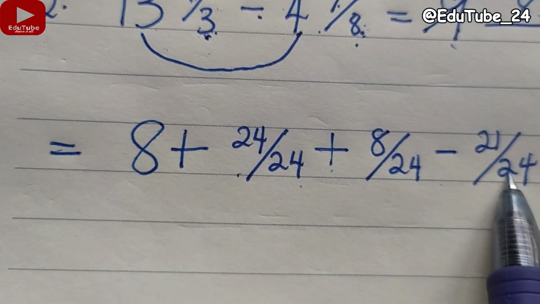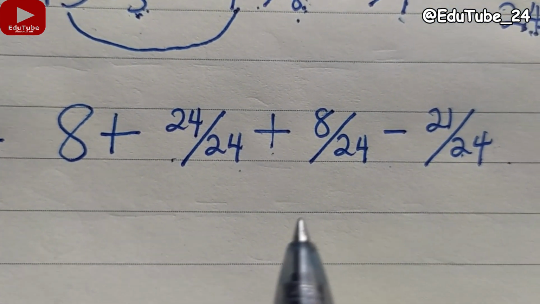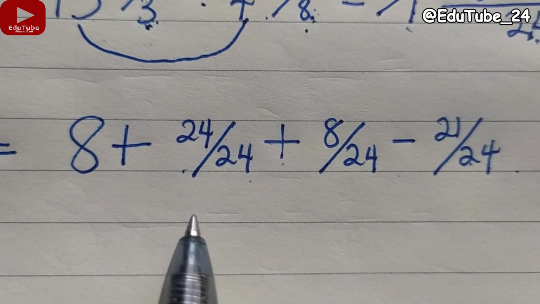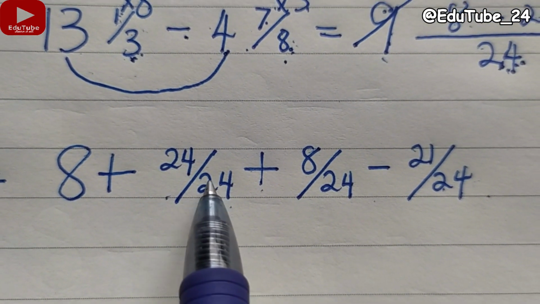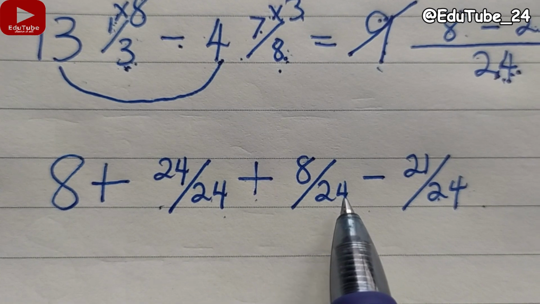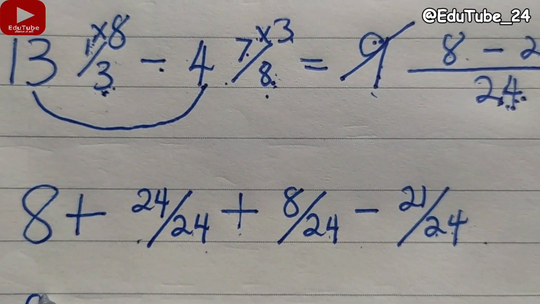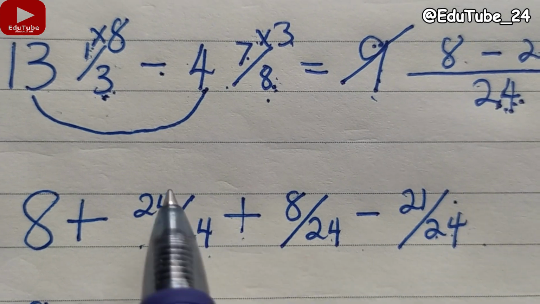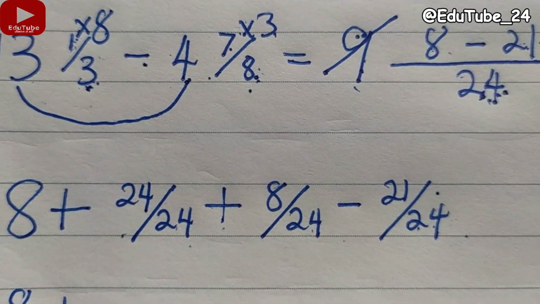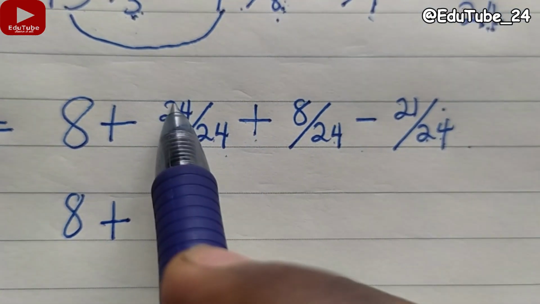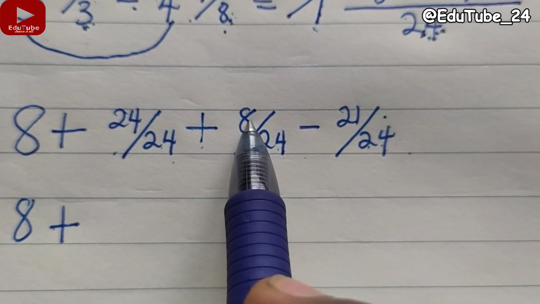At this juncture, if you get confused, simply take the video back and rewatch again. So since they are all now 24 out of 24 out of 24, what I will now do is operate on the numerators. So I will say 24 plus 8, and that will give me 32.